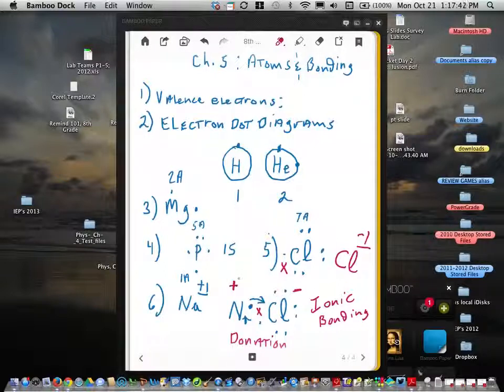Somewhat means +1 and -1 to quantify it. Okay? So ionic bonding is when electrons are donated and accepted. That's one of the 2 types of bonding that we're going to focus on for Chapter 5 and how it works. Okay? Let's try another one.